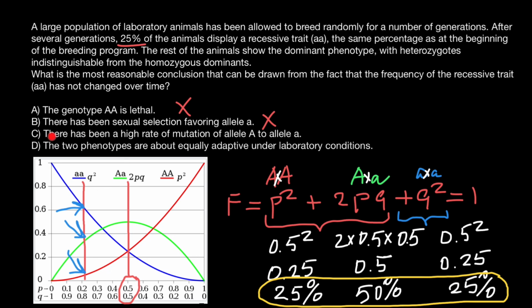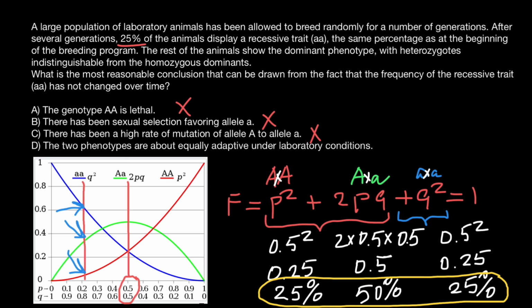And statement C: there has been a higher rate of mutation of the allele which is dominant to the allele which is recessive. Actually not. Again, all such changes would cause not only a change in allelic frequencies, but also a change in genotypic frequencies. So this is also a wrong statement, and we have only one variant left.